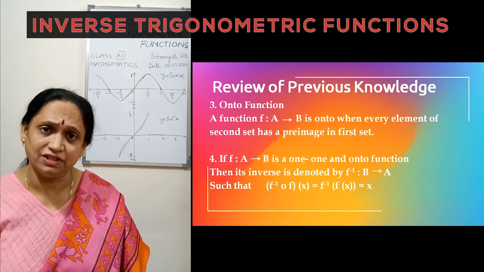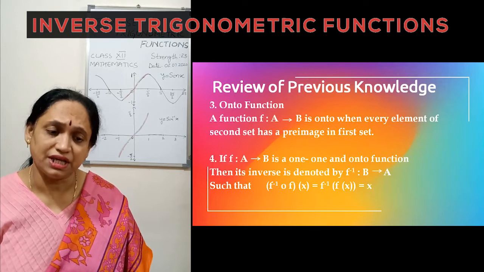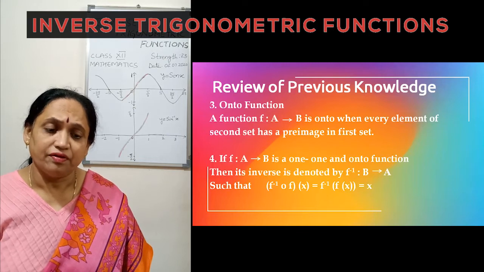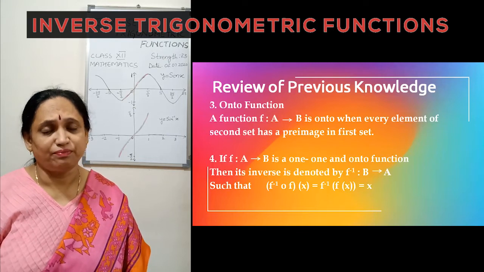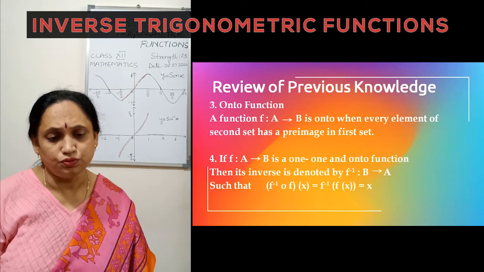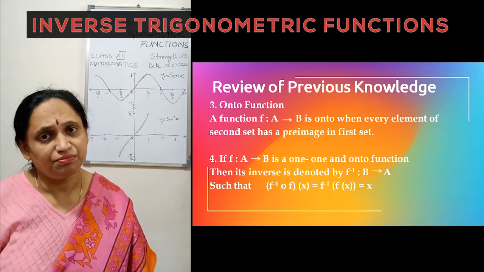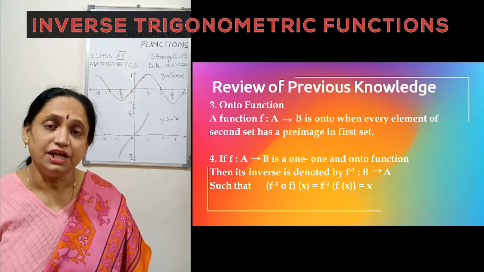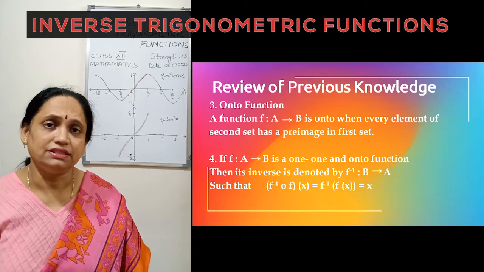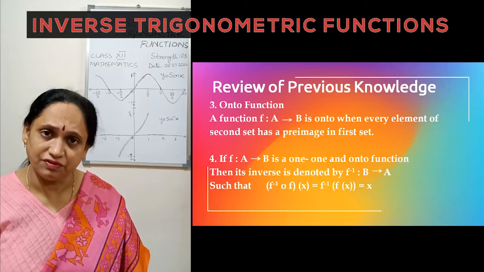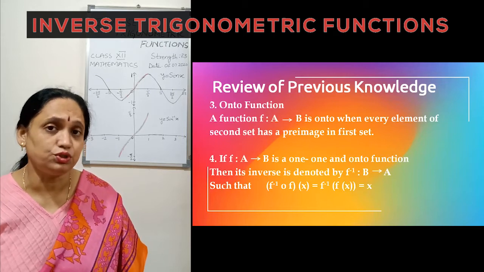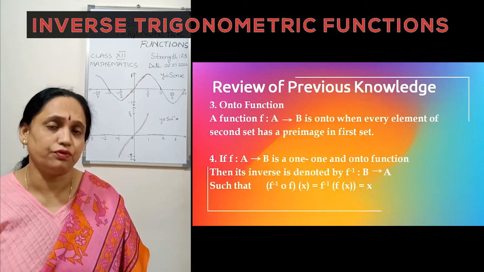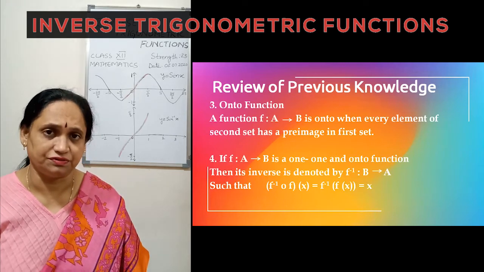So if a function f mapping from A to B is 1-1 and onto, its inverse is denoted by f inverse, and the domain and range of the function interchange, and hence f inverse will be mapping from B to A. The composition of these two functions would always give us an identity function.